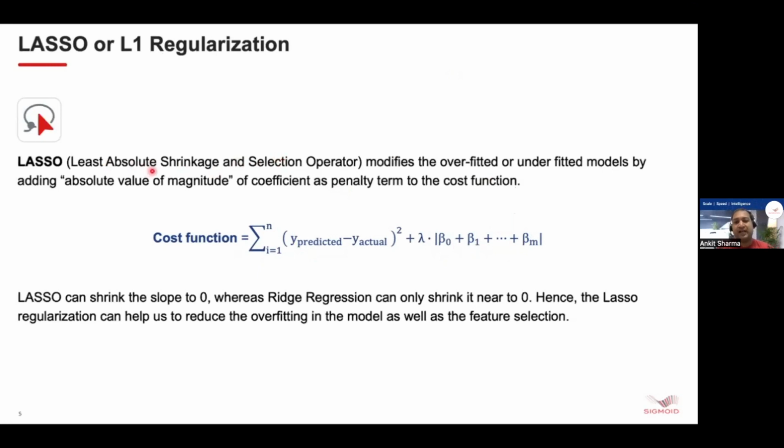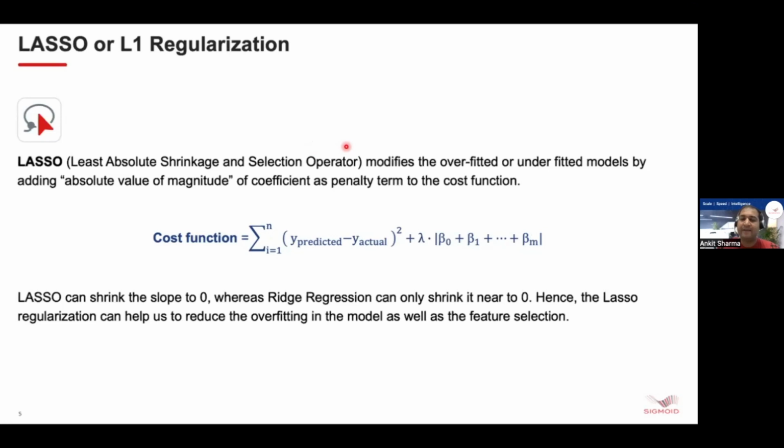It is called absolute shrinkage because here also your beta coefficients are going to shrink and come close to zero. And it is also called a selection operator because, for example, in the house price example I gave in ridge regularization, the color variable was not making any significant impact and was not a very important variable.